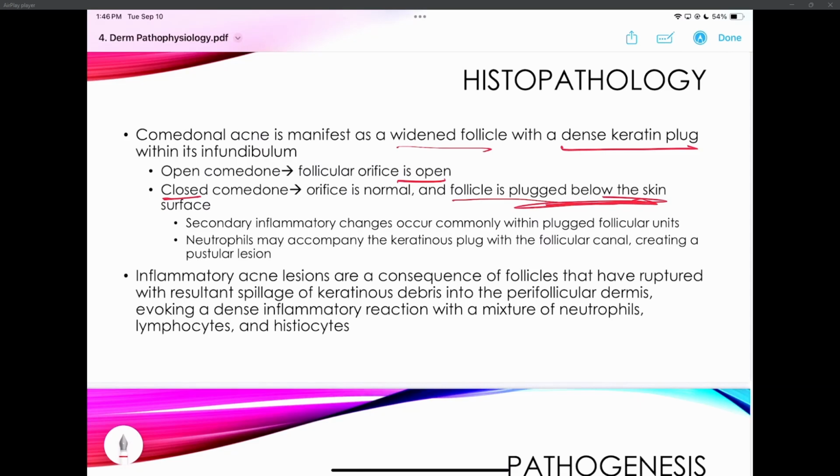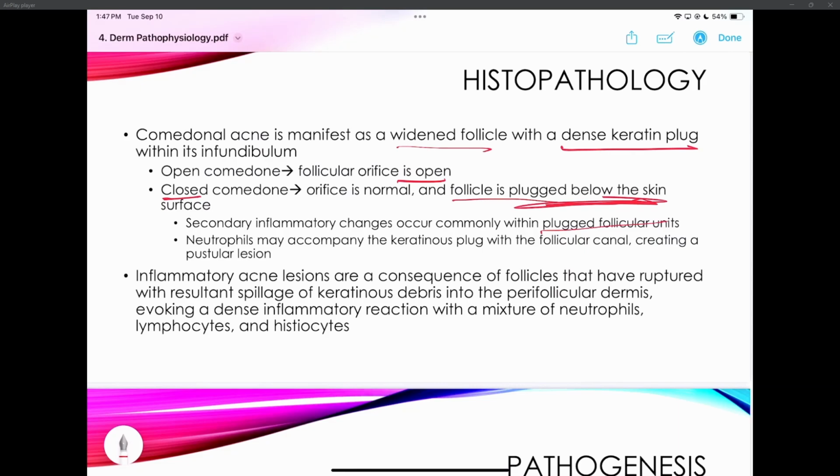Secondary inflammatory changes occur because of these plugged follicular units. That gives us the inflammatory process now. That gives you the redness around the acne. Neutrophils may accompany the keratinous plug within the canal, creating that pustular lesion. Again, white blood cells cause the whiteheads to happen.